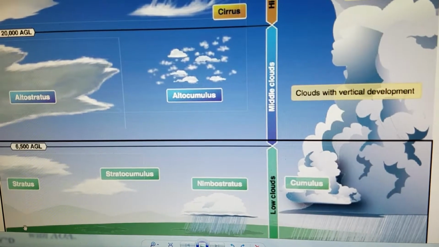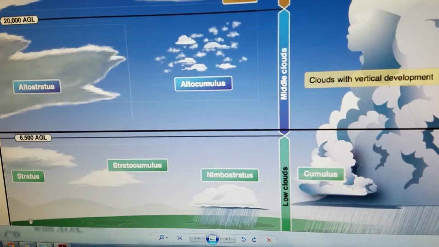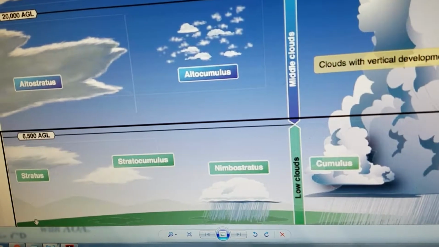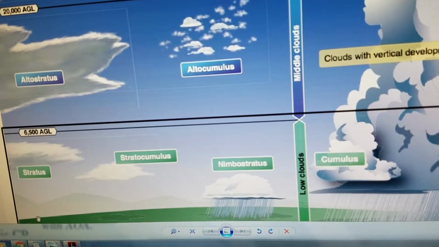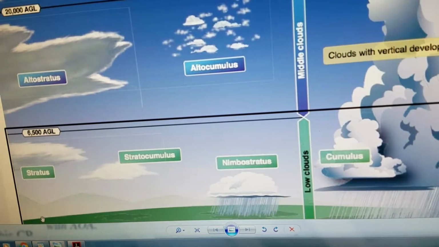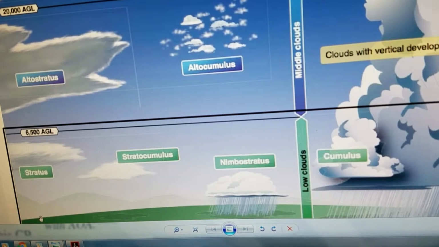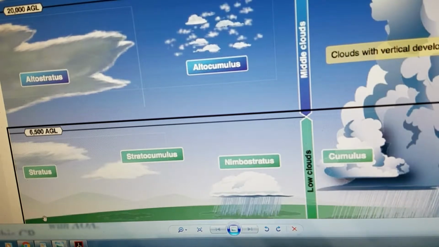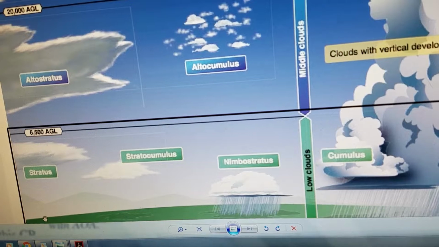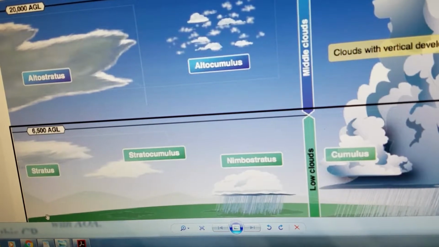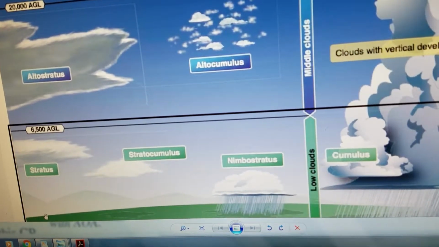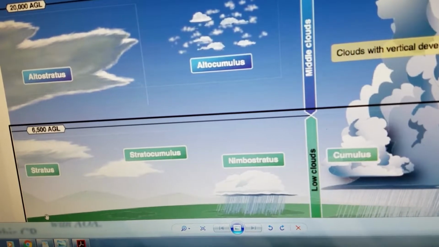If we think about the high clouds, you got cirrostratus and cirrocumulus. You see cirrostratus to cirrocumulus, it moves a little more away, and at a later stage it builds up and becomes cumulonimbus clouds.